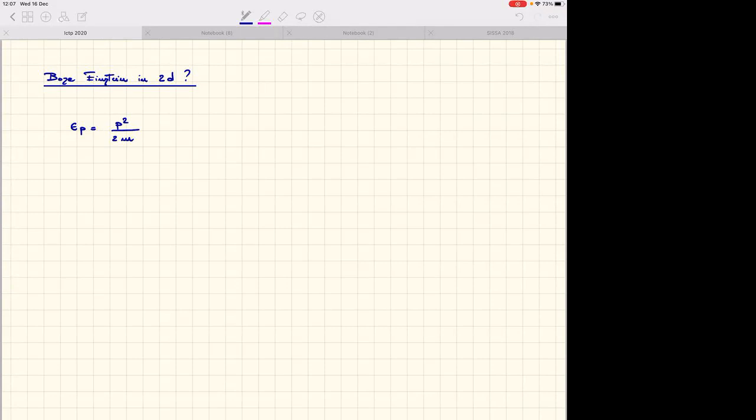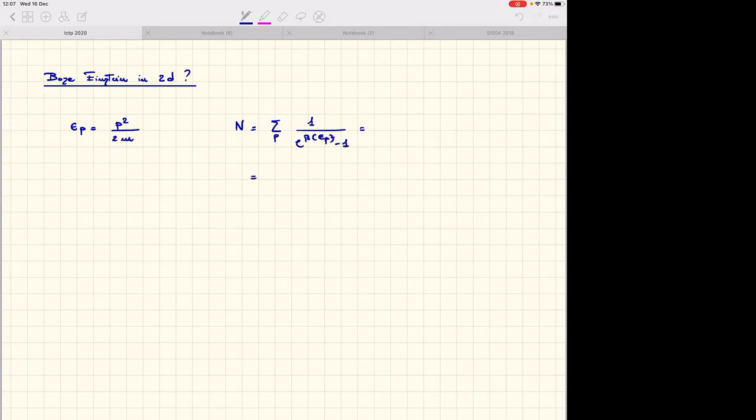And let me try to repeat the argument of the previous calculation for this case. So we're sitting in 2 dimensions. I will have sum over p of 1 over... so I'm trying to find again the temperature at which the chemical potential is equal to 0 for this system in 2 dimensions.